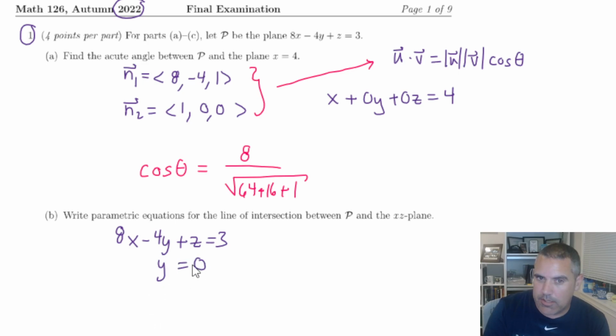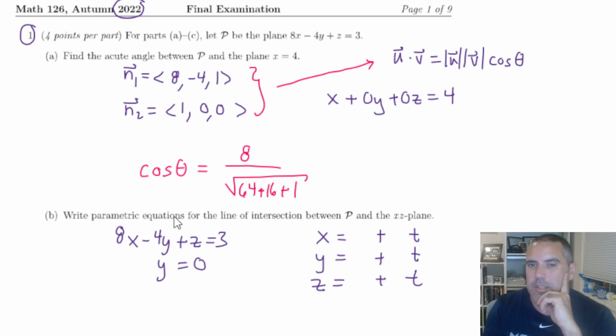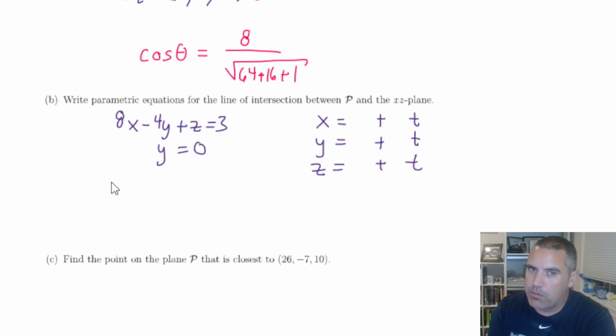So the strategy in these ones was you are trying to find a point and a direction. Some of this just looked funny because there are horizontal and vertical planes, but that actually makes some of it easier. We had a few different strategies for this.